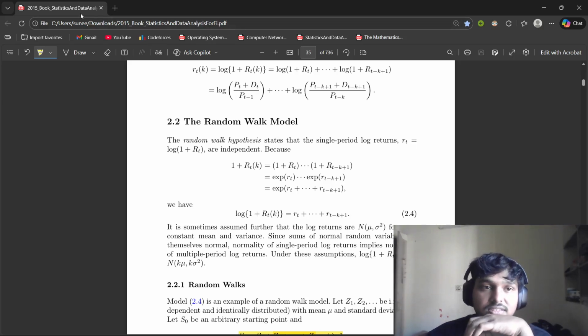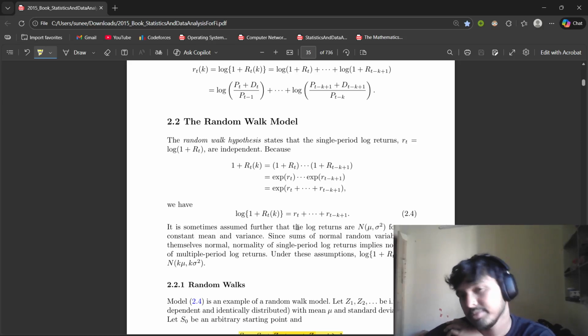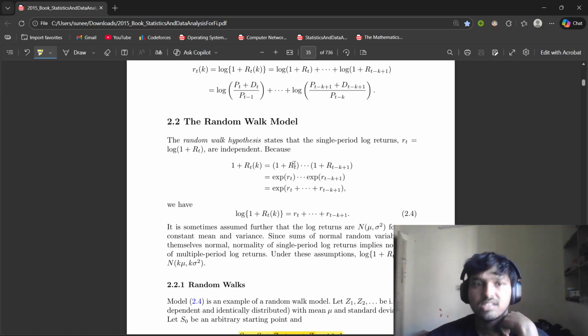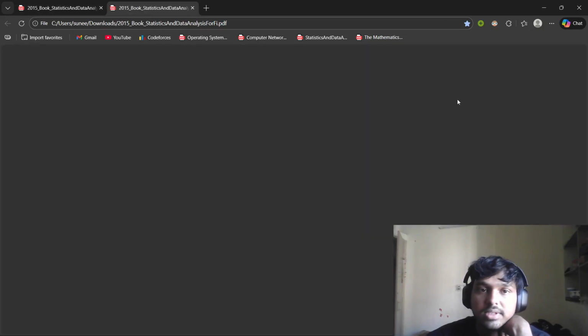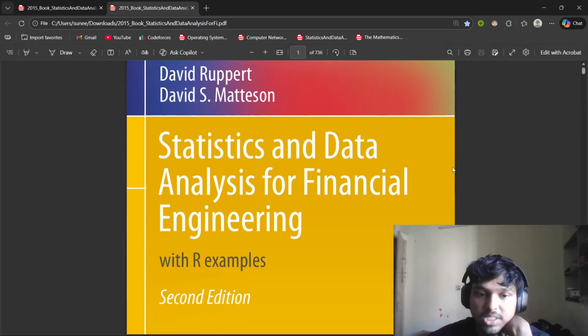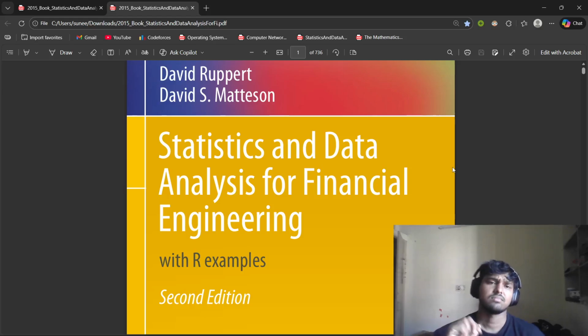Before I started, I just found another book I want to read. It's more mathematical, I assume, compared to the book I am currently showing you. So this is this one, and maybe we would do both of these books in parallel.